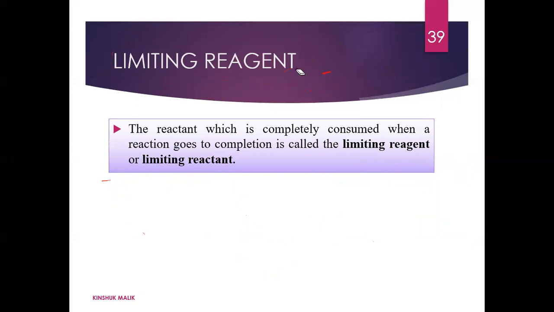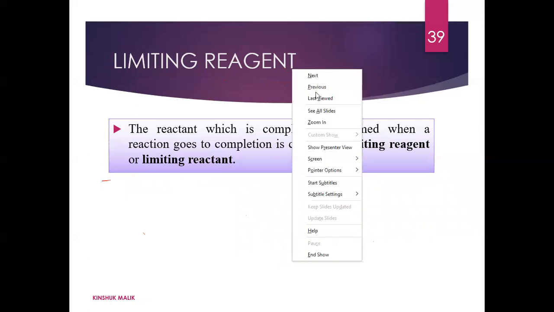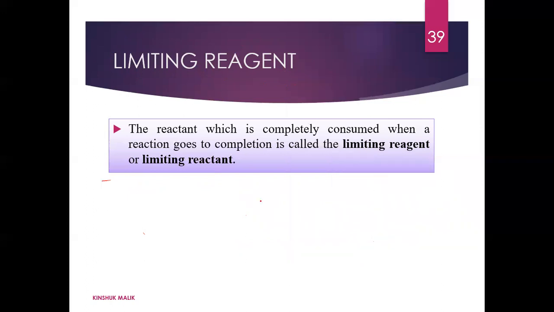Okay, so limiting reagent, I hope everyone has understood. Now what we do is look at an example question so you will better understand how to do questions related to stoichiometry. One question I'll explain how to do, and then the rest of the questions you will do by yourself.